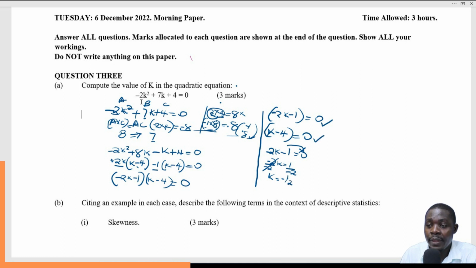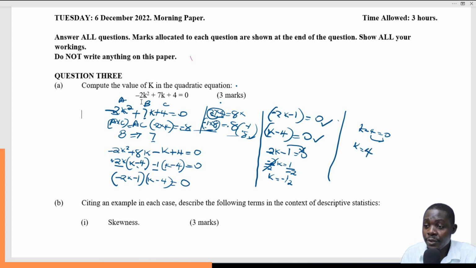And if we go by this one, k minus 4 is equal to 0, and when this comes to the other side, in that case, we have k is equal to 4.